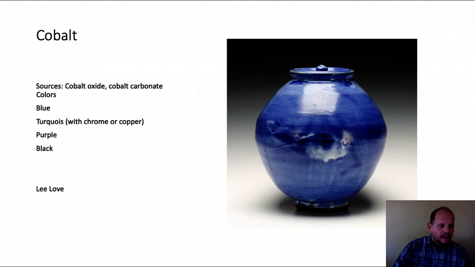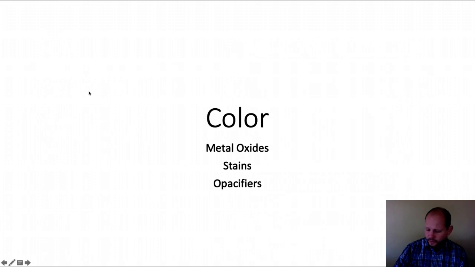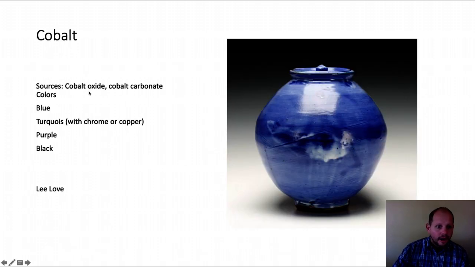So anyways, getting back to cobalt here. Most of the time, you'll have a blue. If it's cobalt oxide, it's a really dark blue. And then usually the cobalt carbonate tends, especially in glazes with heavy alkalis, the alkali earths, to get more purple and lighter colored blues.